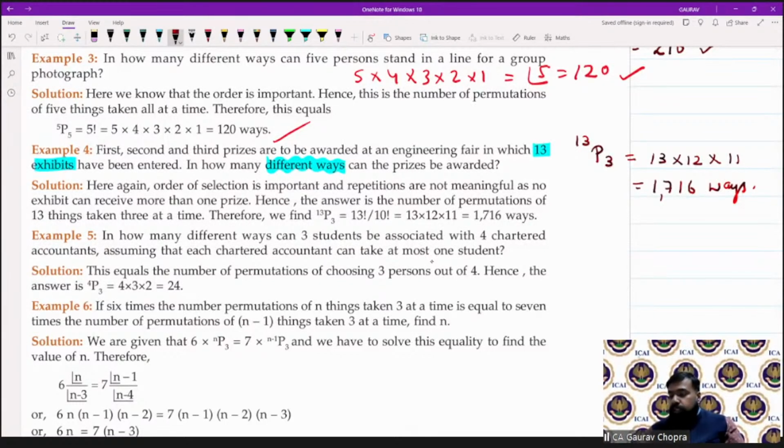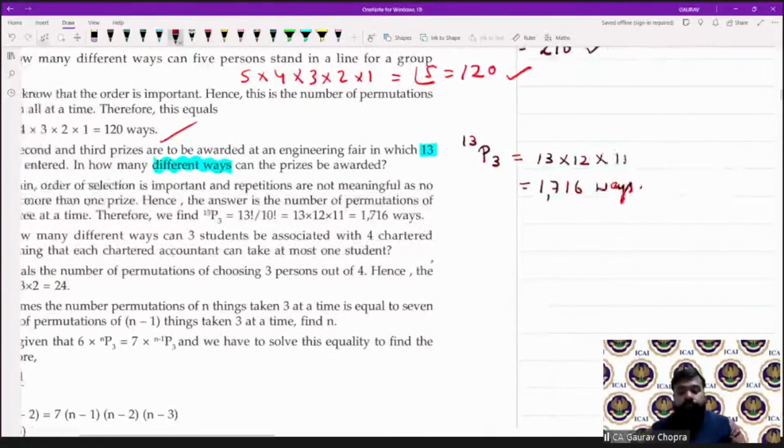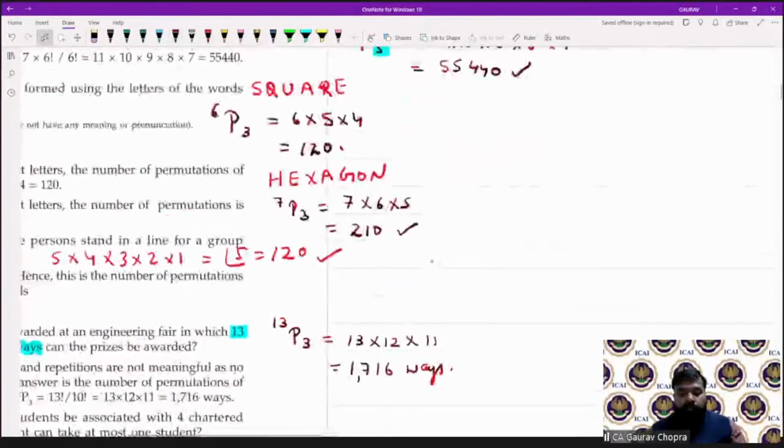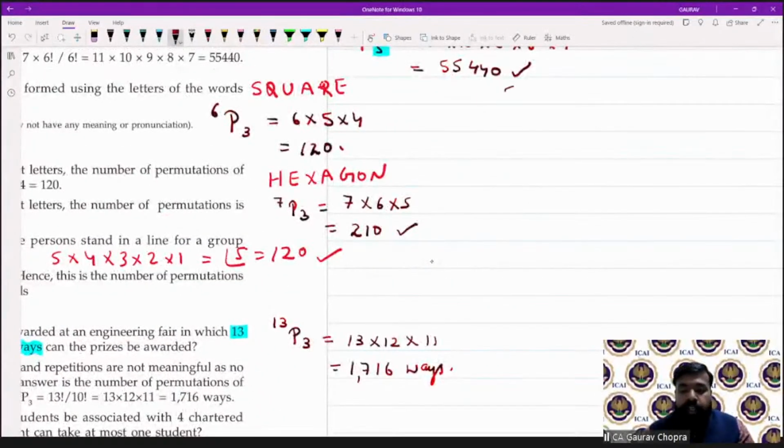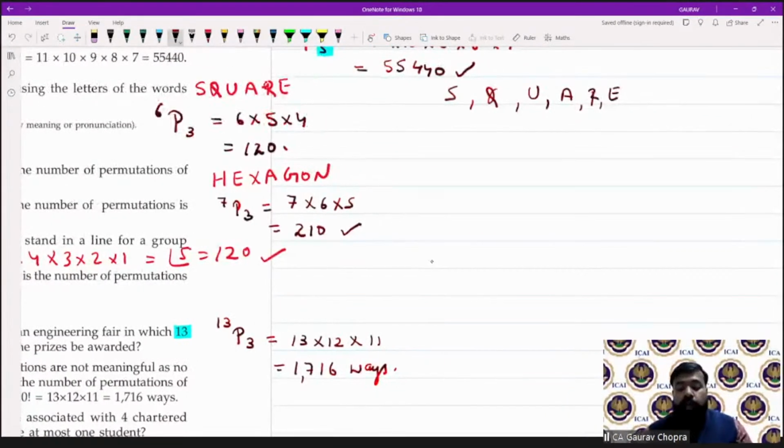Then Ayush is asking, if letters are allowed to repeat, then how to solve it? See, if we have S, Q, U, A, R, E, and repetition is allowed, so we have three places.